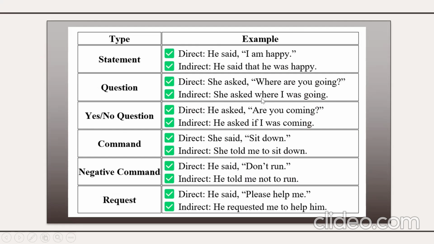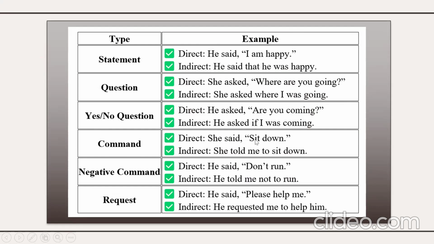Here we copied the WH word, but here the question begins with a yes or no question, with an auxiliary or modal. So we need to connect by using if or whether. Generally it's easy to remember if instead of whether. So, he asked if I was coming.